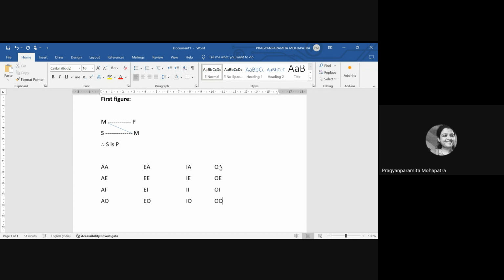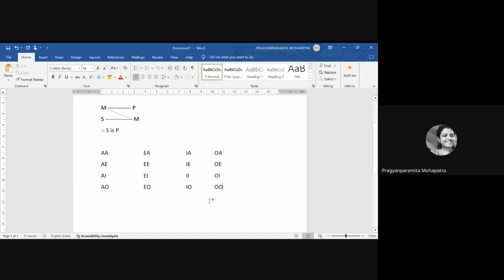Okay? Can you see it? Yeah. Now, look at it very carefully. Which possible conditions, as per the rules, can be rejected?